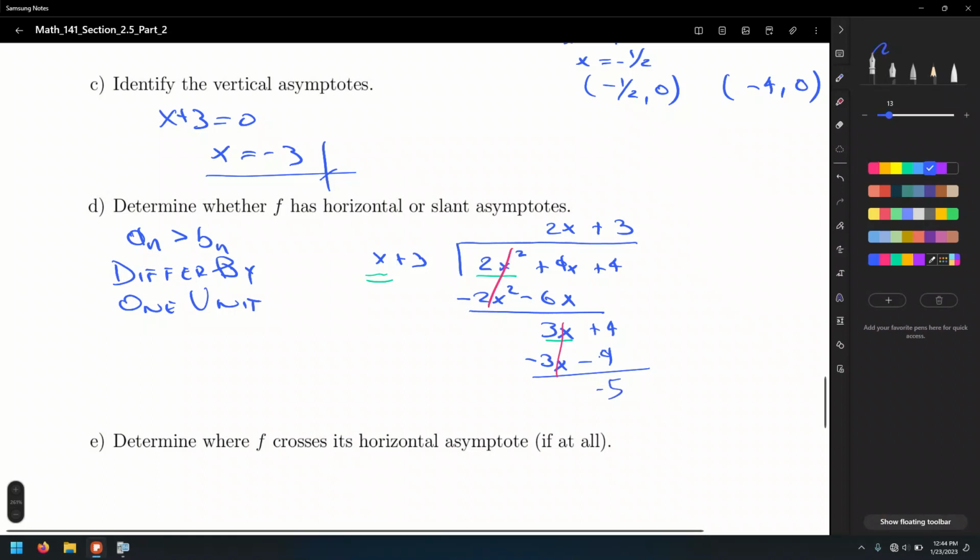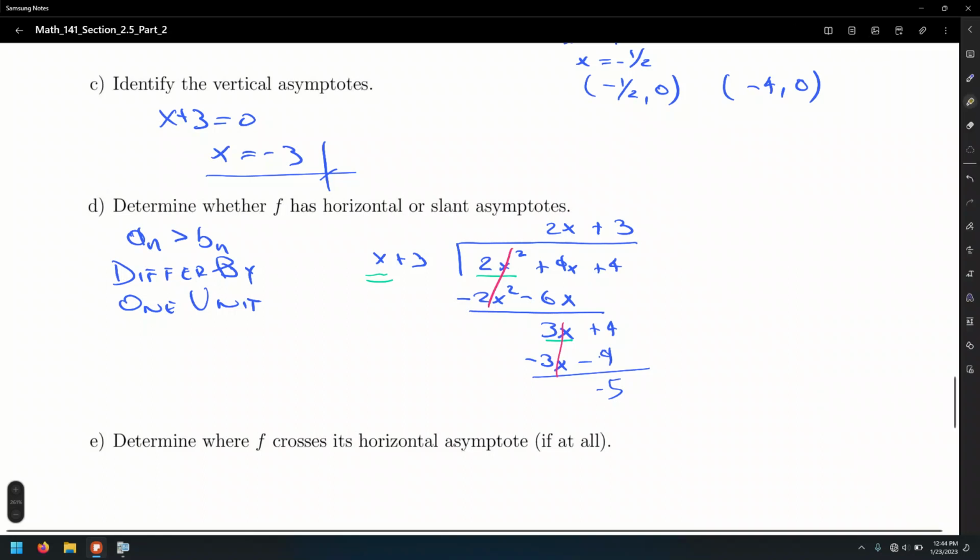But ultimately, we are not going to care about the remainder. All we care about in this case is just the quotient. And the quotient over here, which is 2x plus 3, isn't that a linear function? Isn't that a linear form? Well, that's what we were checking for consistency before doing the polynomial long division.